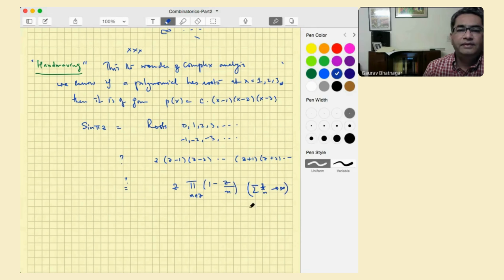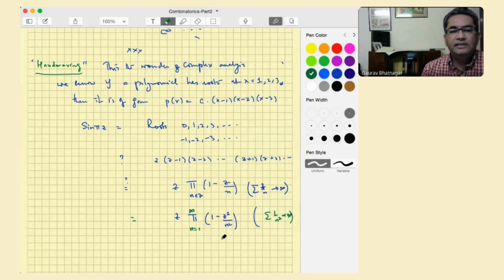But here's a trick. You can combine the two terms and make it z squared over n squared. And now this converges, right? So now this product will converge, okay? And the question is, is it equal?